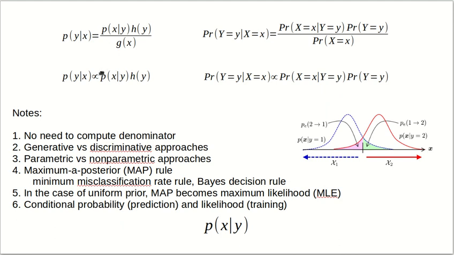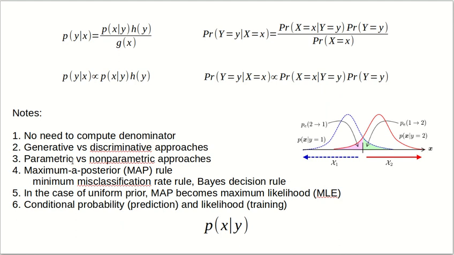If you assume a certain specific form of the probabilities, for example, if you assume the conditional probability is a Gaussian, then a Gaussian is parameterized by just two parameters. One is the average, the other one is the standard deviation or the covariance. In that case, you are calling your estimation a parametric estimation.